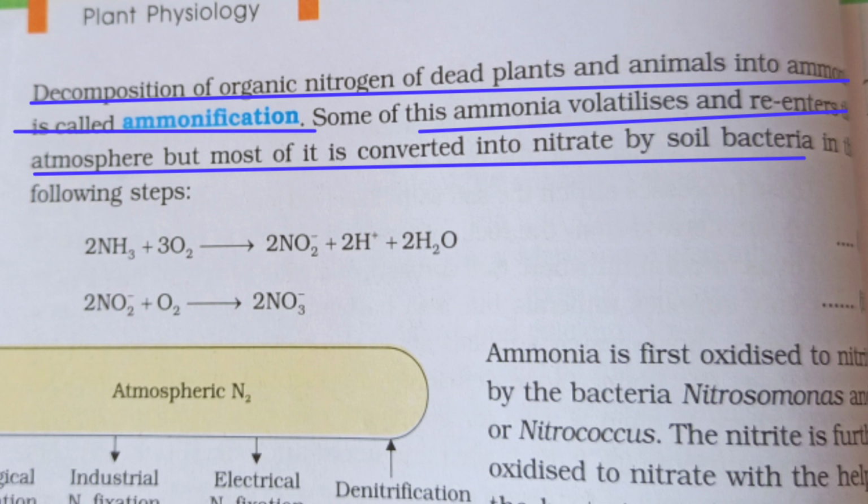Decomposition of organic nitrogen of dead plants and animals into ammonia is called ammonification. This ammonia volatilizes and re-enters the atmosphere, or is converted to nitrate by soil bacteria in the soil.